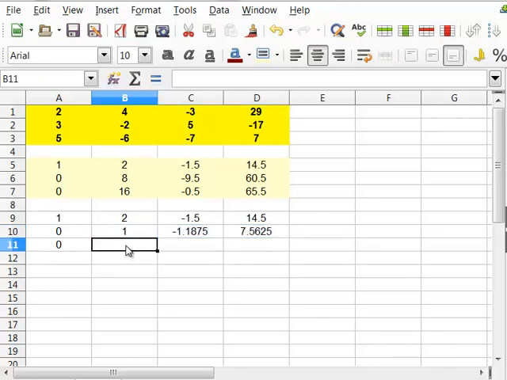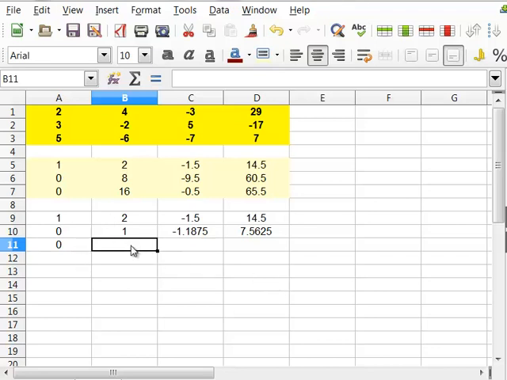Down here, I want to get a 0 here. Now, I could be sloppy at this point and not worry about the subtleties that I did up here, because this is my last row. I'm not going to have to reuse the formula by dragging it down. But let's maintain good discipline, because we're going to apply this method to larger examples.